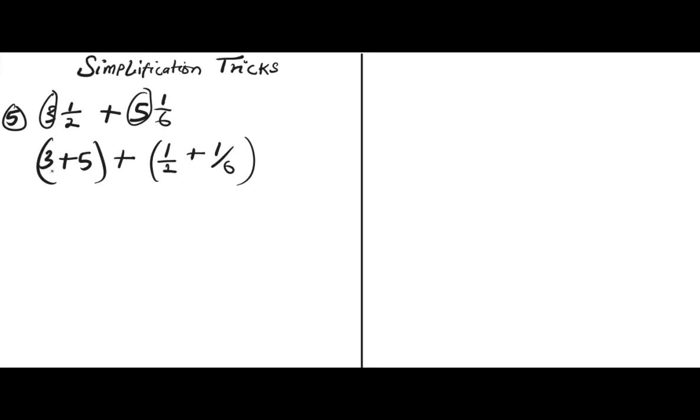So 3 plus 5 is 8, plus, now here you have 1 over 2. Then I want this denominator and this denominator to be equal. So if I multiply the denominator by 3, I will have 6, and multiply the numerator by 3 again, I will have 3 over 6, so that this denominator and this denominator will be the same.